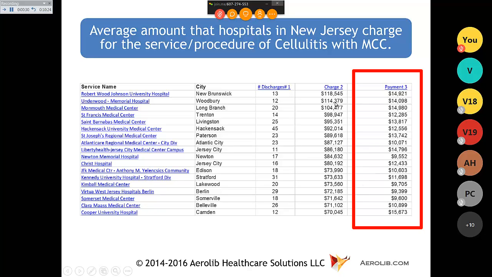You can see the variation of what hospitals charge for cellulitis with MCCs, way up to 118,000, and we've only chosen the top few hospitals, but this goes down to 30,000. So there's a huge variation in what they charge. But look at what they get paid, and there's not much variation. It ranges from 12 to 13.5 to 14,000, the highest being about 15 and the lowest being 9, so not much variation. What this means is that for episode-based care for cellulitis, there is standardized data on what the government pays, and this is what is being followed by other payers.